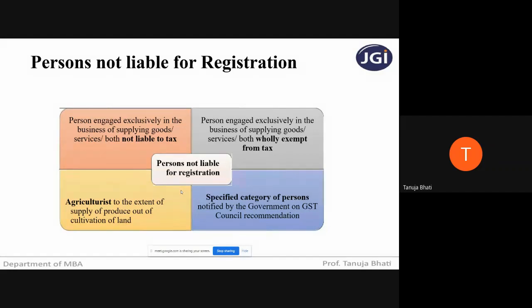He is supplying potatoes within and outside the state of Maharashtra, but these potatoes are cultivated in his own land. So tell me whether he is required or liable for registration under GST.